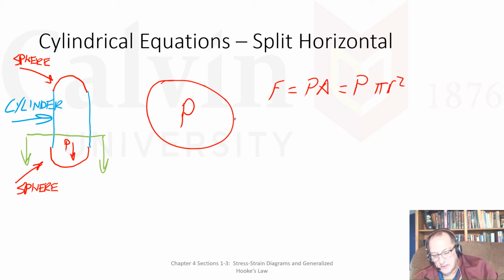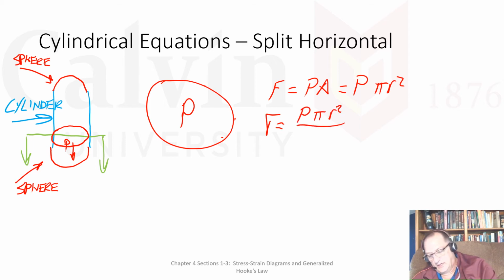And then this little line here, that's my area. That's still going to be stress is equal to P times pi r squared. That area is still going to be 2 pi r times the thickness. And I'm going to get the same equation. And that's true no matter where I shift this cut, no matter where I take that cut.